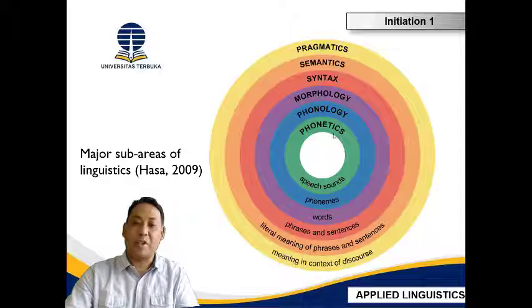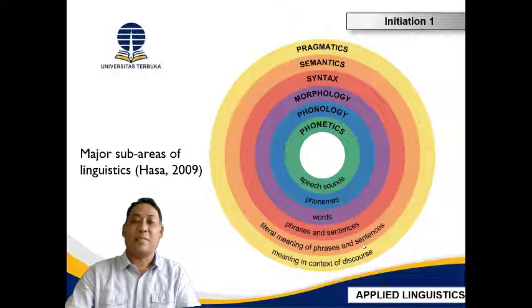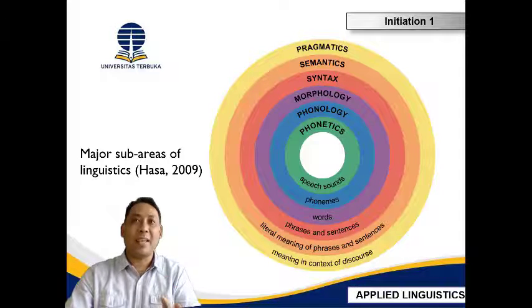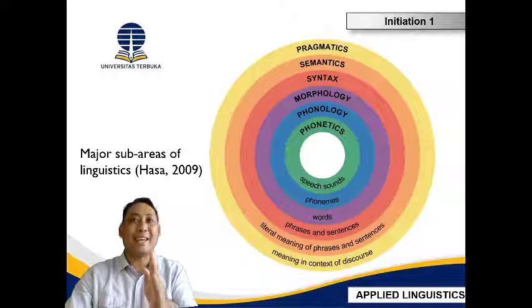Phonetics is about speech sounds, phonology about phonemes and how the sounds are produced. Morphology is about word construction. Syntax is about the structure of sentences and phrases. Semantics is about meaning. And the last one, pragmatics, is about meaning, but not only literal meaning, meaning in context.